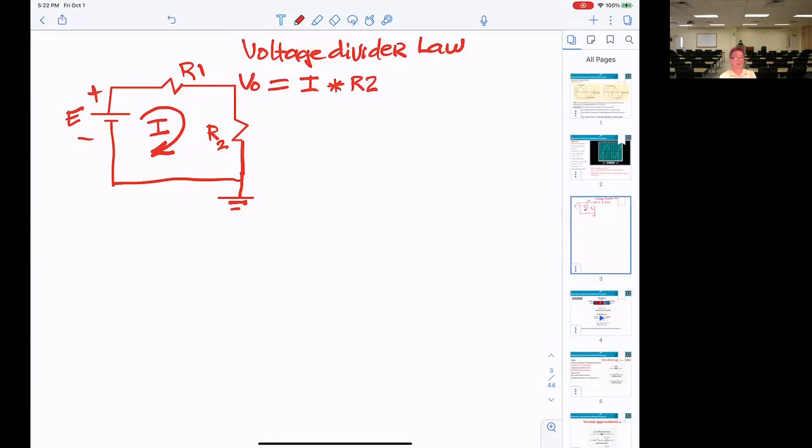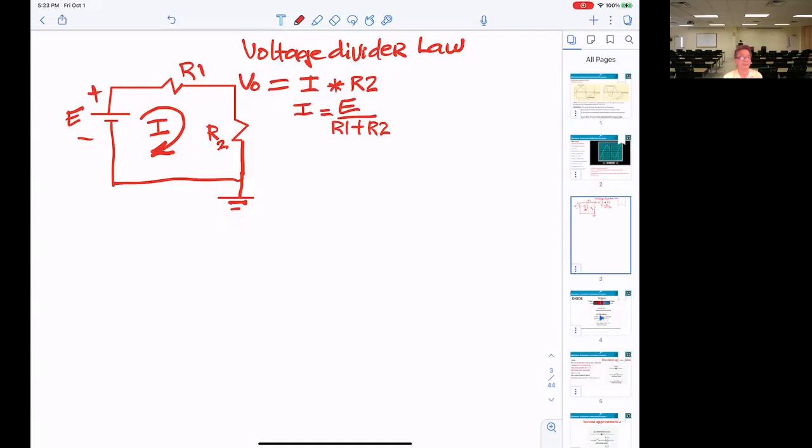So normally you calculate the I, then you can use that formula. You already know I will be V divided by total resistance. Okay? Then you can apply V equals I times R2.